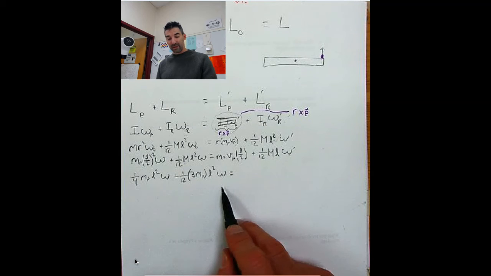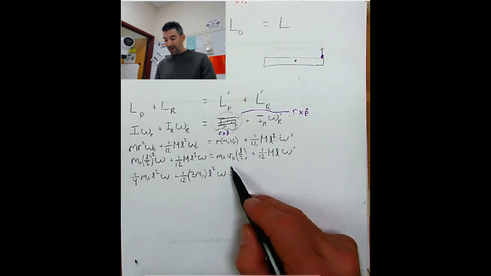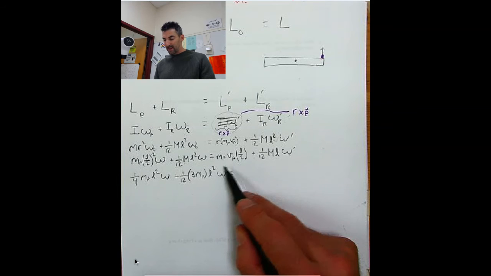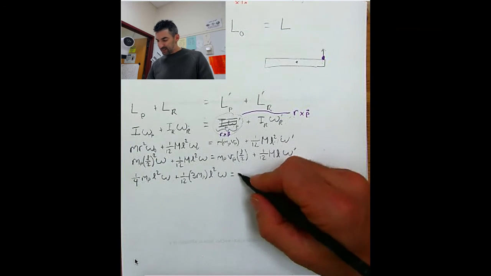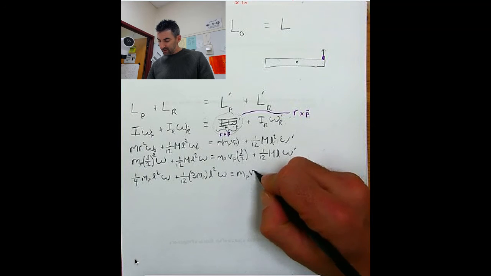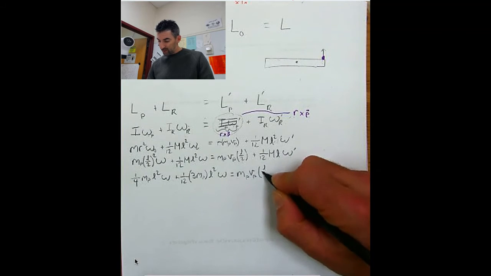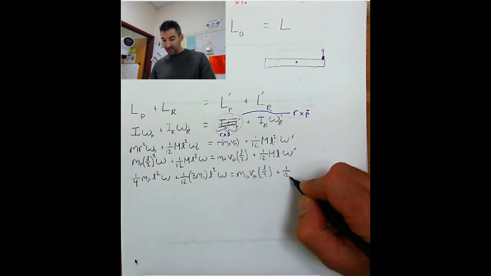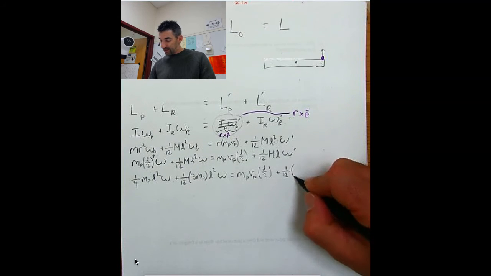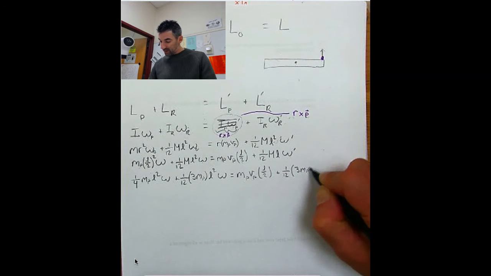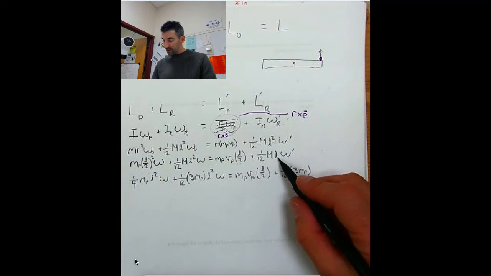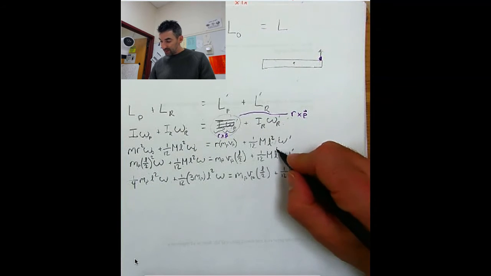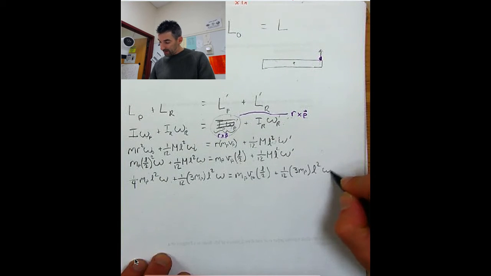So that is everything beforehand. Now after, this guy looks like it's going to stay the same. M V, yeah, that stays the same. Mass of the particle, velocity of the particle, L over 2, plus 1/12, and again, I can sub in my 3 mass of the particle, 1/12 times 3 mass of the particle, times L squared, omega prime.